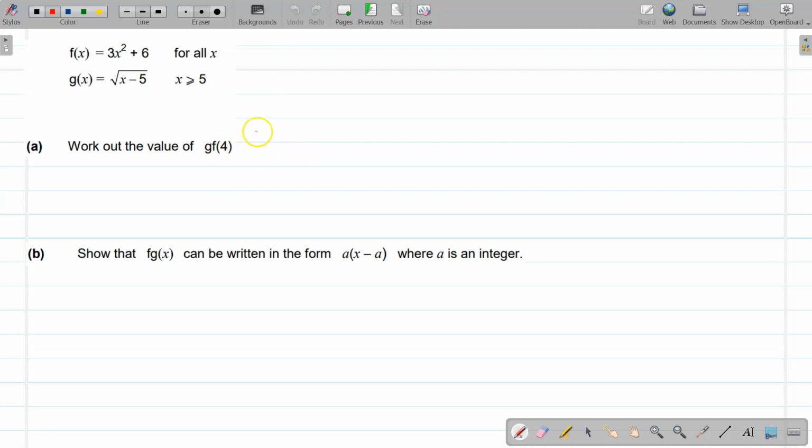So we need to apply the function g to f of 4. And f of 4 is 3 times 4 squared plus 6. Okay, which is therefore equal to the function g of that, which is 54.